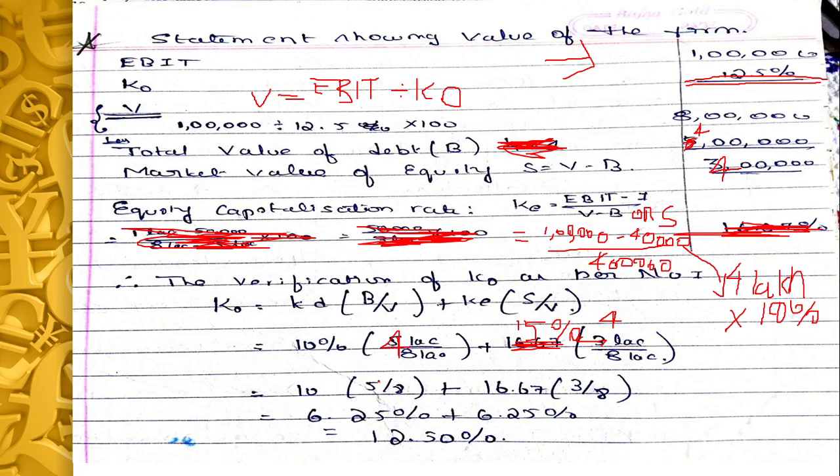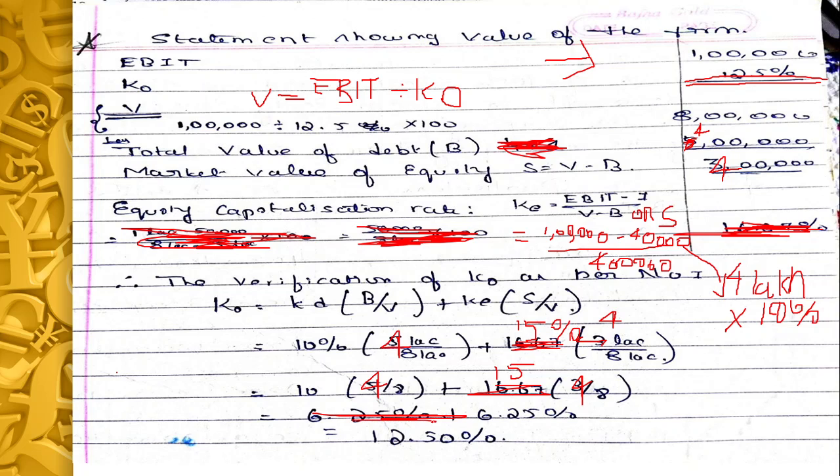So, 10 into 4 by 8 plus 15 by... 4 ones are 4, 4 twos are 8.